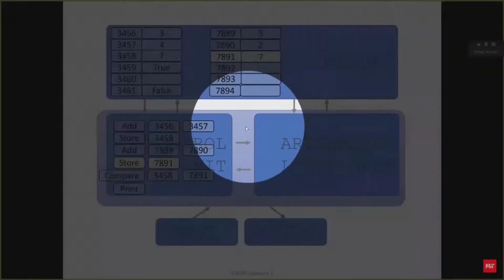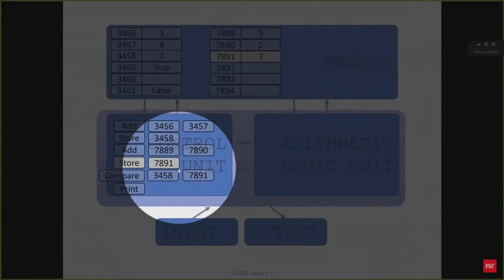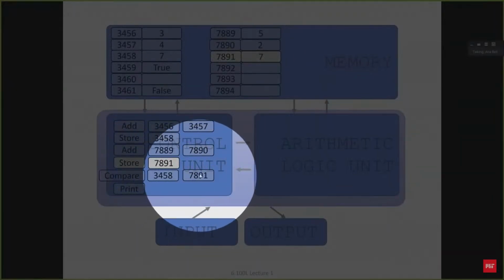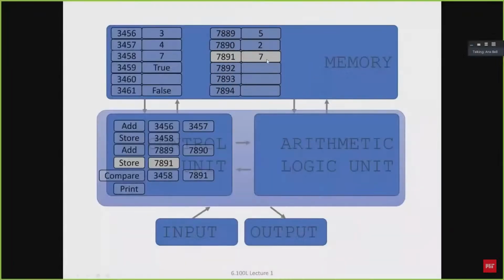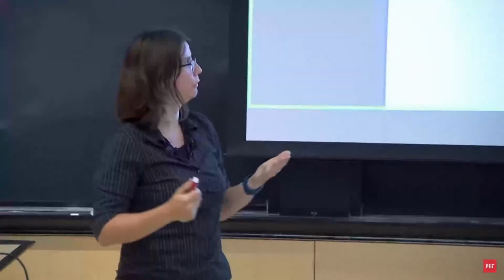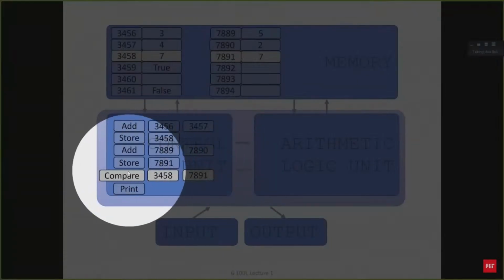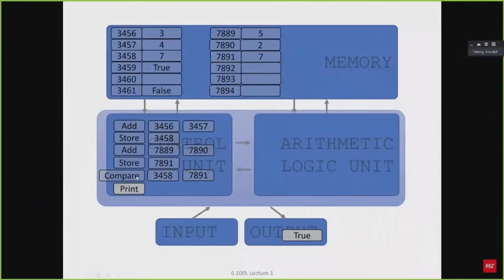Then the next instruction says compare the values at memory locations 3458 and 7891. So we're going to compare the 7 with the 7. The ALU does this comparison and says, all right, 7 and 7 are equivalent, so this is true, or whatever it wants to give back to the interpreter. And then the last instruction is print the result of that comparison. So we print true because they were equal.